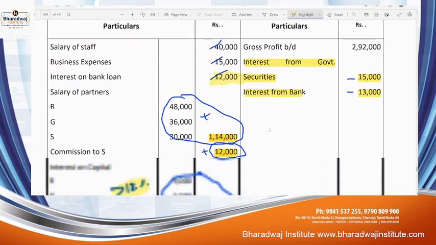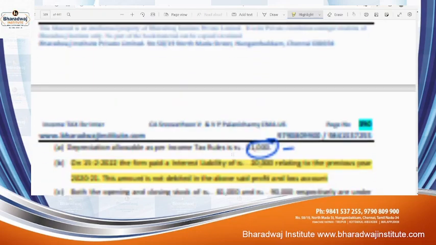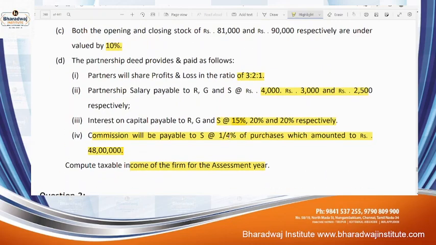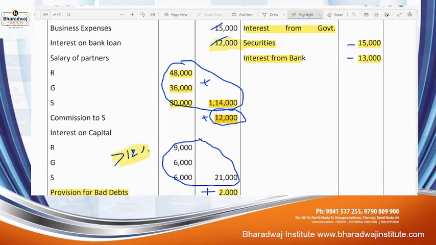The monthly salary is 4,000 into 12, 48,000. 3,000 into 12, 36,000. Commission would have been calculated based on what? Purchases. 48 lakhs into 0.25%, 12,000 more.